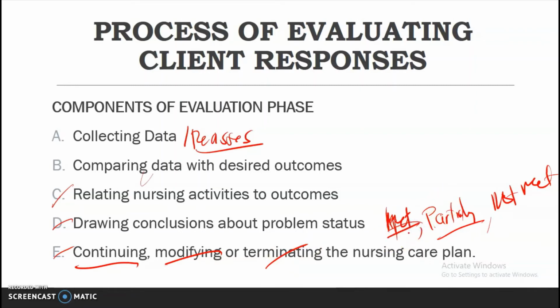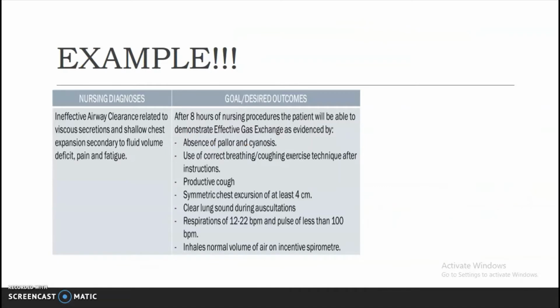So, kung i-continue mo yan, for example, partial, you may continue kasi baka kulang pa yung oras, or you may want to modify something kasi partially or not met siya, or i-terminate mo na yung nursing care plan kasi you were able to meet the nursing outcomes that you have set during the planning phase. For us to better understand this, let's put it into an example.